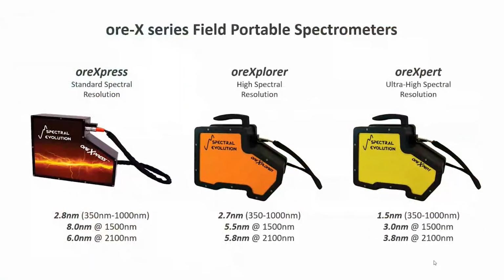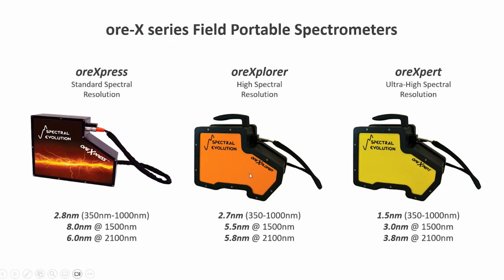So let's discuss the product line that we offer for the mining industry. This is called the X series line, and it includes 3 different models of full-range spectrometers for mineral analysis. The Express here on the far left is our standard resolution instrument, in that it has a standard spectral resolution of 2.8 nanometers in UV Vis, 8 nanometers in SWIR 1, and 6 nanometers in SWIR 2.